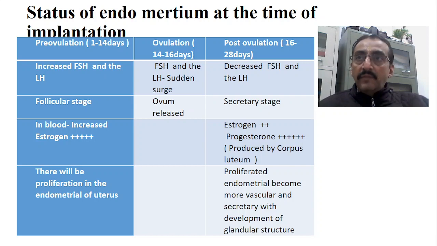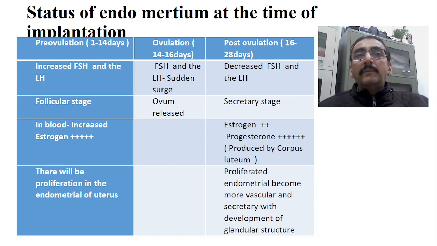In the pre-ovulation phase, that means before ovulation, there are increased levels of FSH, follicle stimulating hormone, and LH, luteinizing hormone. During the ovulation period, between 14 to 16 or sometimes 17 days, there will be a sudden surge of FSH and LH.